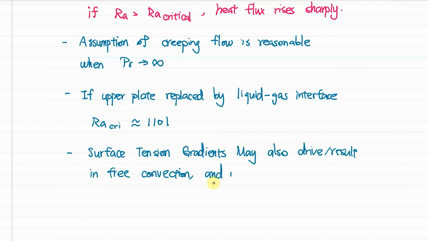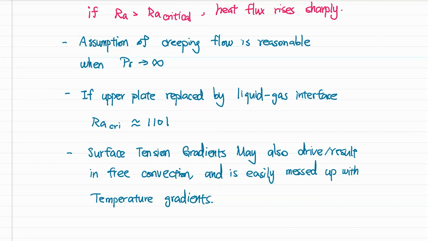And it is easily messed up with temperature gradients. Okay, this is the application-driven part: if someday you are designing or using this type of process, let's say you have a fluid layer that's stagnant and you want to prevent free convection from happening, but you still need a temperature gradient nevertheless.